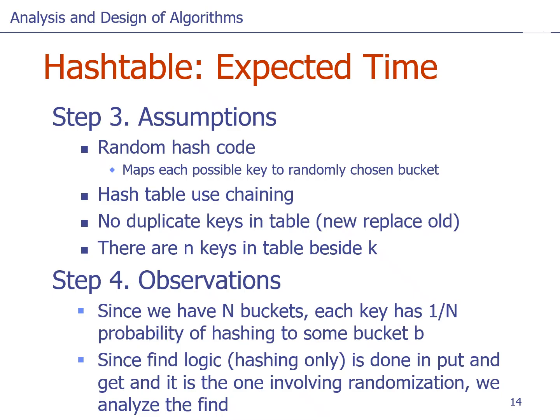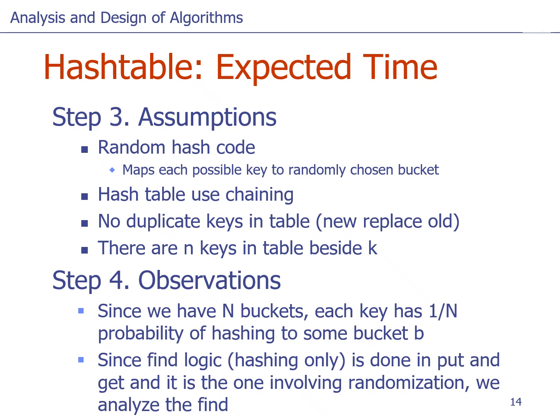According to my relatively simple model, the bucket is the destination that I put the key in, and any key I have has a probability of 1 over big N to go to any one of the buckets.